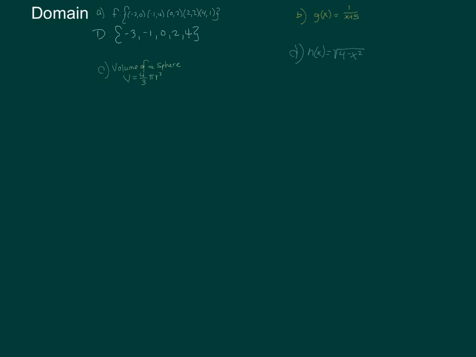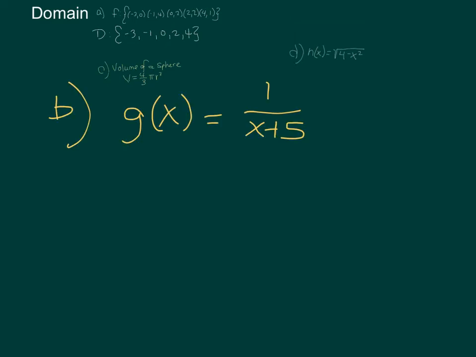Now let's look at a function like this, where we have a variable in the denominator. Okay, when we've got a variable in the denominator, or just in general, we're thinking of when would this function not exist, or when does it not follow the same rules as normal. So we know that anytime we divide by 0, that is breaking all of the rules.